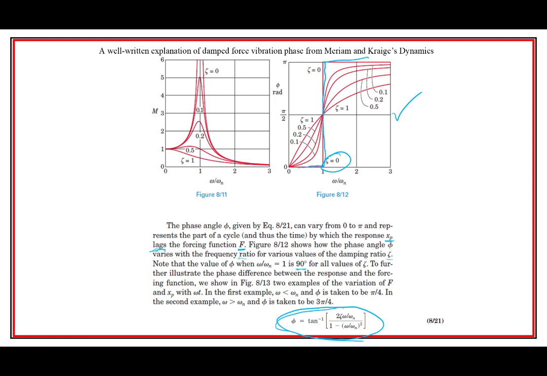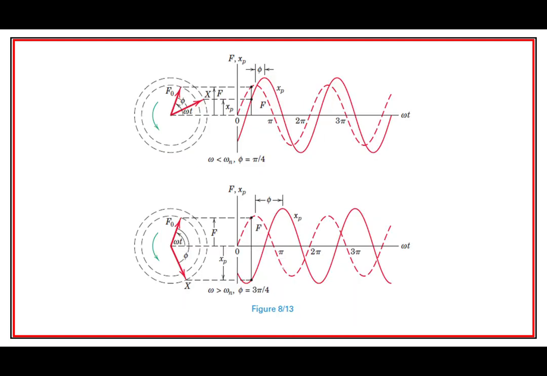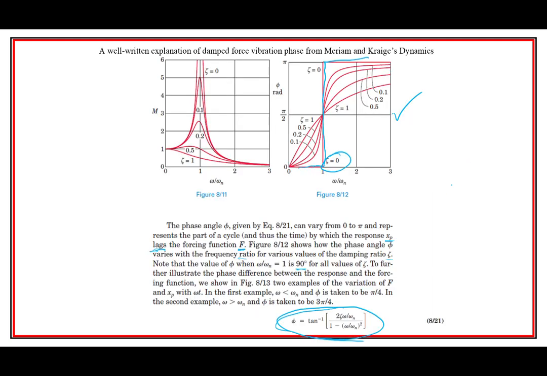To further illustrate the phase differences between the response and the forcing function, I didn't bother showing that figure. Oh, no, there is. Okay, there you go. This figure right here. This is really one of the reasons why I wanted to include it in the supplemental notes. We have two examples of the variation of F and X, the response, with omega t, right?